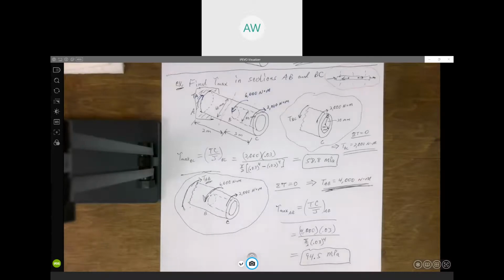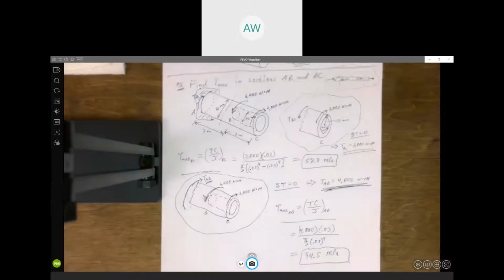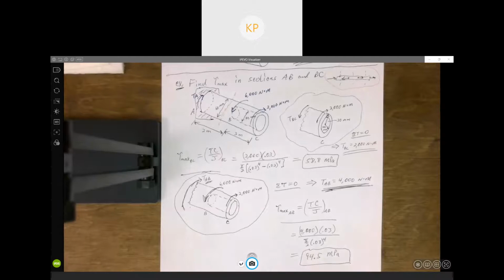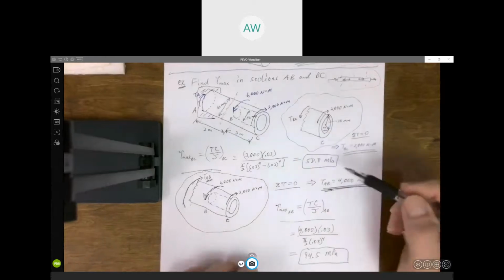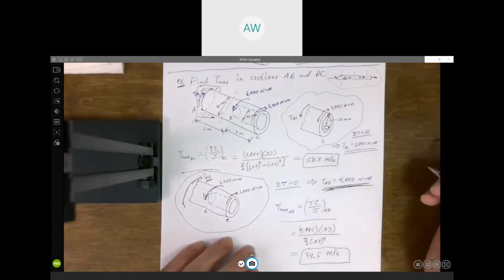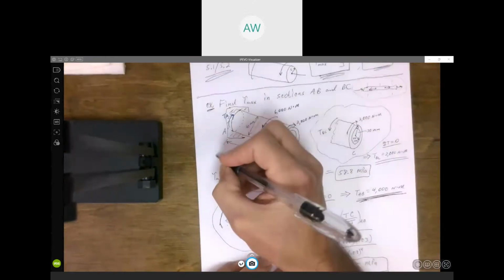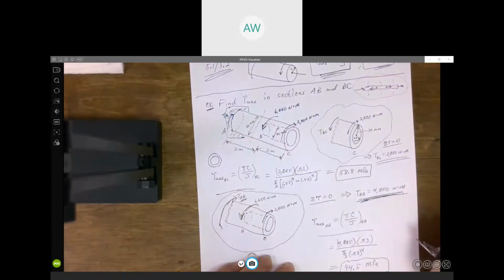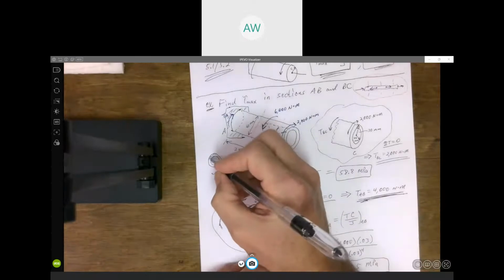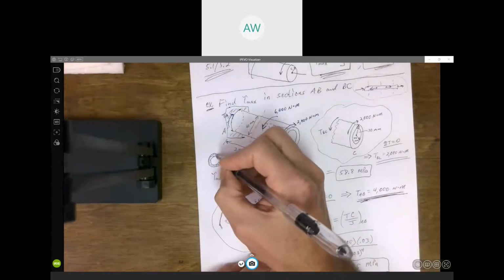Any questions how we got the maximum shear stress in that part of the shaft? Yes. Why for BC do we subtract 0.03 to the fourth minus 0.02 to the fourth, but we don't do the same thing for AB? Because BC is hollow. When you look at the cross section for BC, it's hollow, so we want the polar moment of inertia for this area.